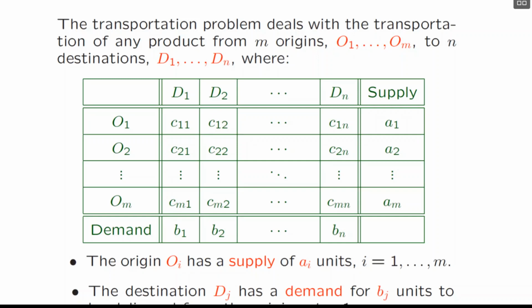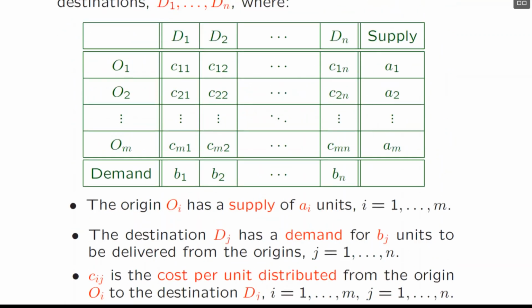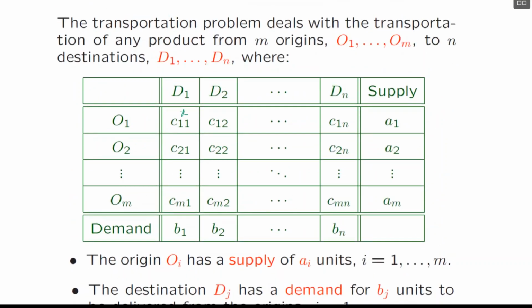Suppose in order to solve the problem, we have the solution that x11 units of items are to be transported from origin 1 to destination 1, x12 amount of items from O1 to D2. In this way, xij amount of items is to be transported from the origin Oi to the destination Dj.